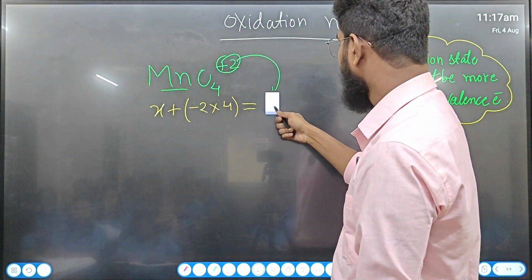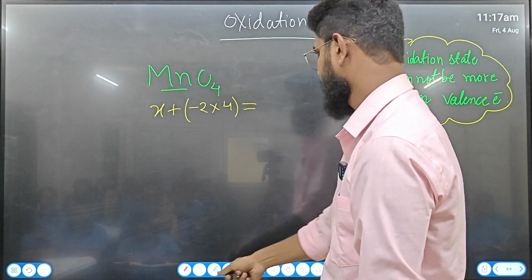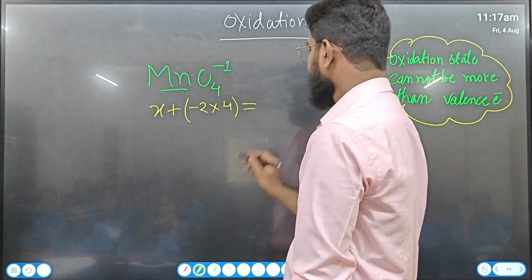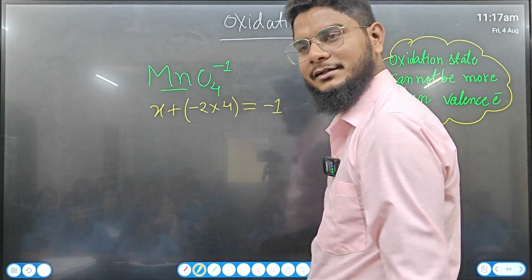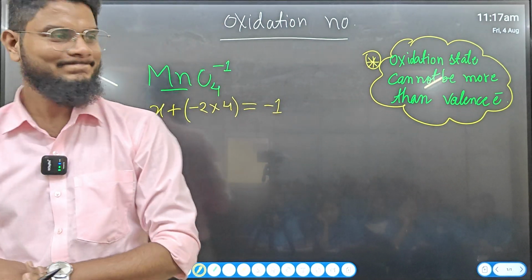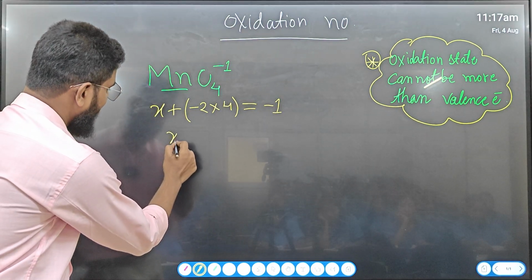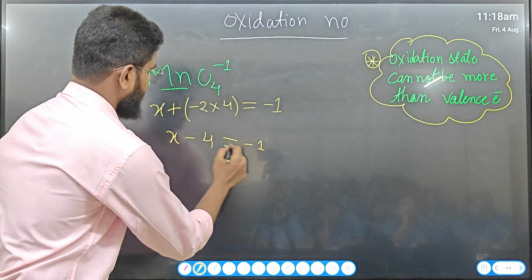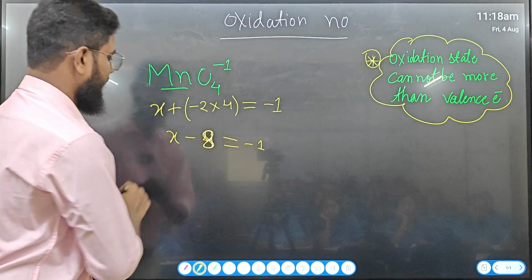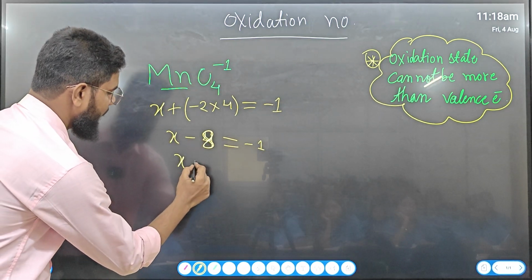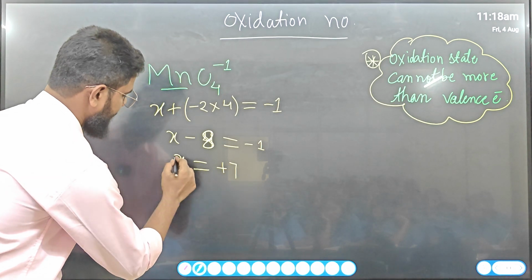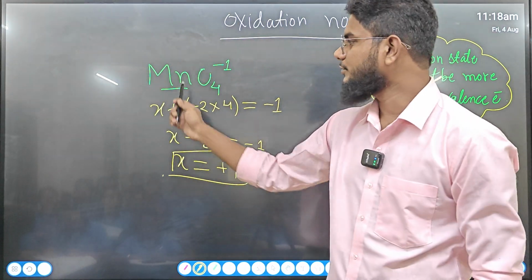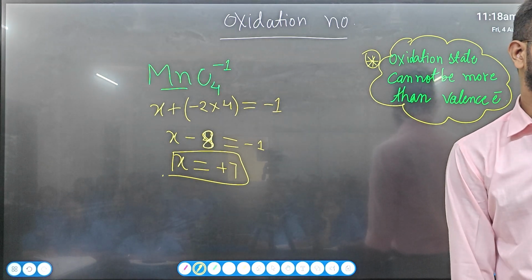So in the question you had -1. Now you know this much mathematics. X - 4 is equal to -1. This will be X - 8, so X will be equal to +7. This is the oxidation state of manganese.